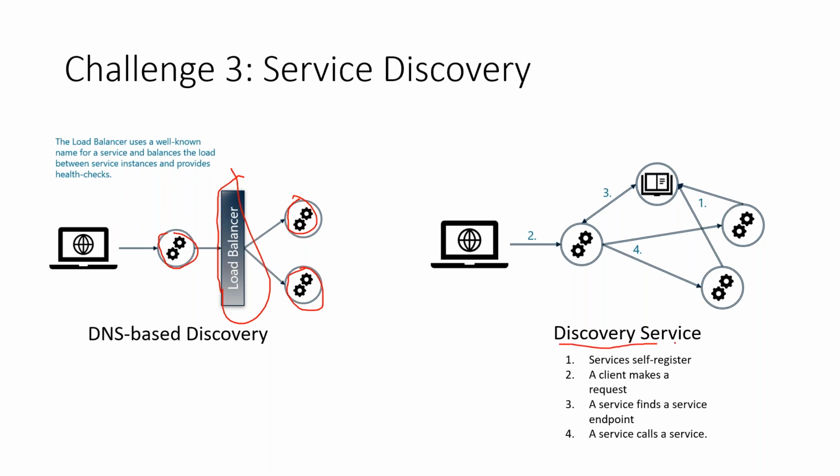Another way is to use a discovery service, similar to configuration. It works the same way, but instead of having baked configuration management, when a new service comes up, it notifies the discovery service that it has come up. And then whenever a request comes in, it says, I need an endpoint for service type X, Y, or Z. The discovery service will then return the endpoint for that service, and then it can make the request to that service as if it already knew it.